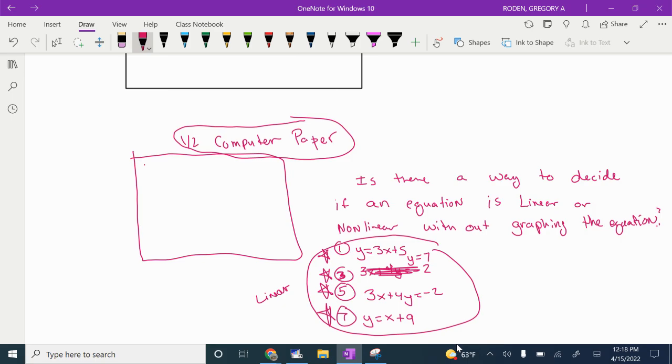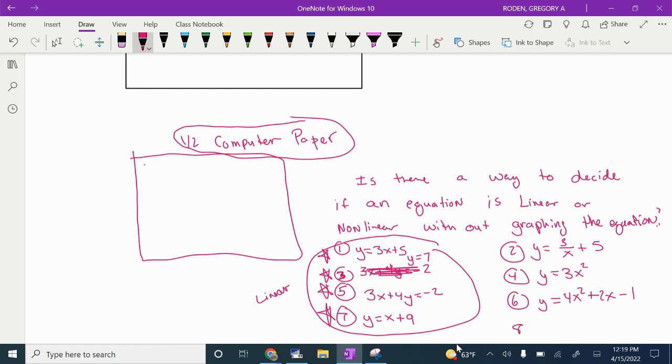Okay, these over here: box 2, which was the equation y equals 3 over x plus 5. Box 4, which is y equals 3x squared. Box 6, which is y equals 4x squared plus 2x minus 1.